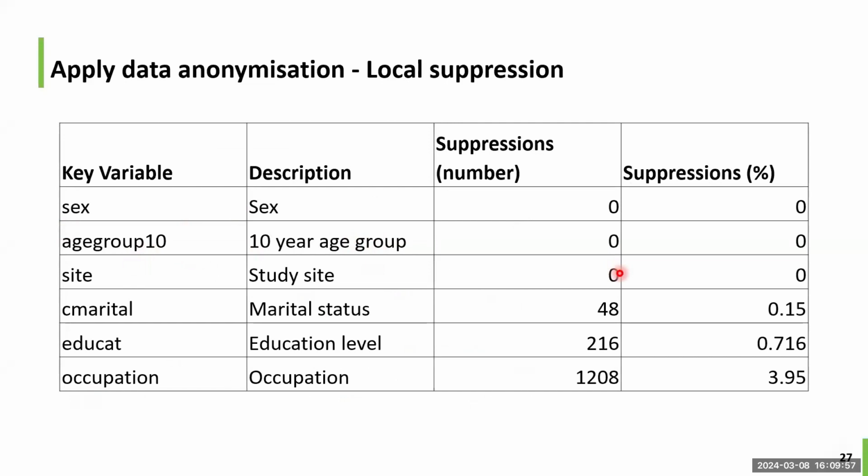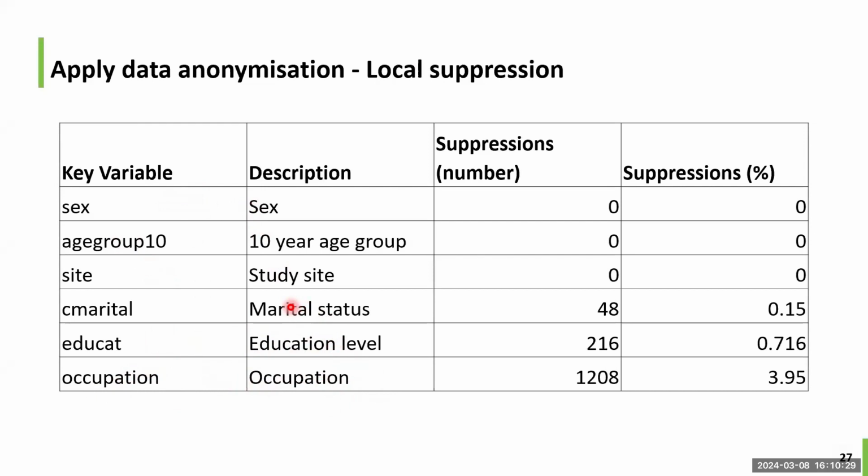And then this is what I was saying about suppression of some of the values. You have to prioritize, because if you remove the sex, then the utility of the data for most purposes will be greatly diminished. So you want to look at some variables that you think you can deal with, more suppression of those. In our case, it was occupation and education level. This doesn't mean that they are not important, but they're less important compared to age and sex, for example.